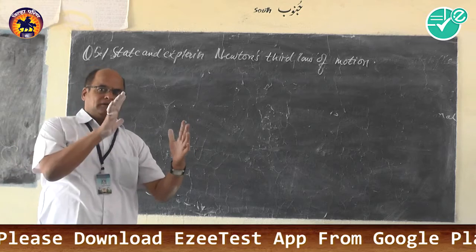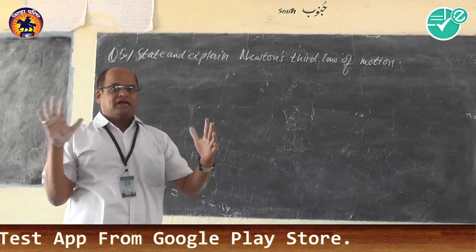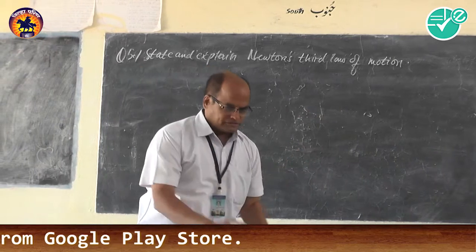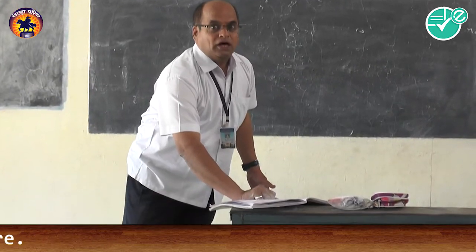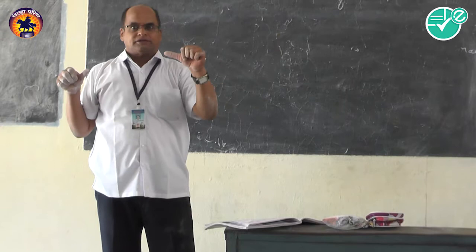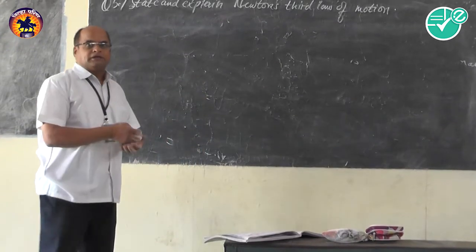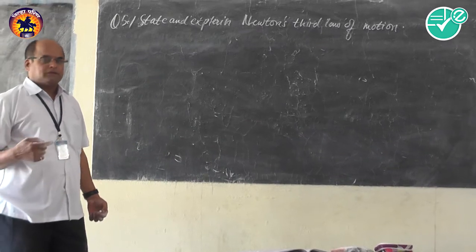More is the action, more will be the reaction. Less is the action, less will be the reaction. So to every action there is an equal and opposite reaction, and simultaneously, the moment action occurs, reaction takes place.